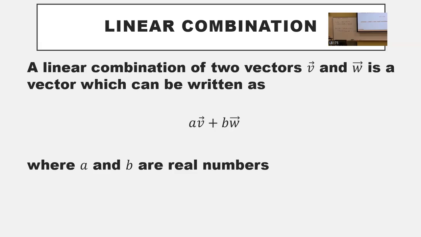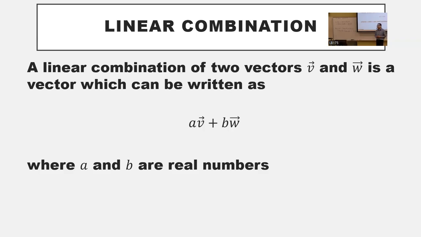And we also saw that -65, -72 is a linear combination of V and W. If I put -10 in front of the V and a positive 3 in front of the W, I get that. Okay.